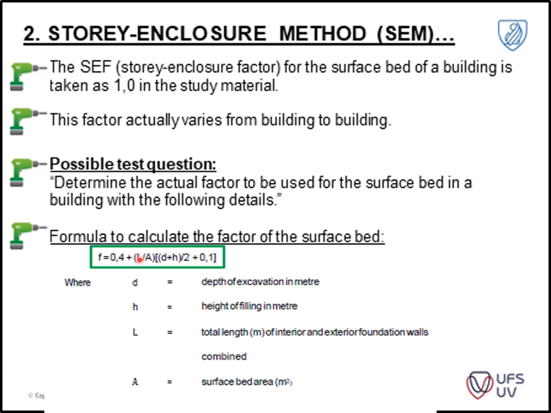You multiply that with the depth of your excavation in meters and the height of filling in meters. We'll still get into practical examples to do that. You do that calculation first, and then you add your 0.4 to get to the new factor that you can use for your surface bed.